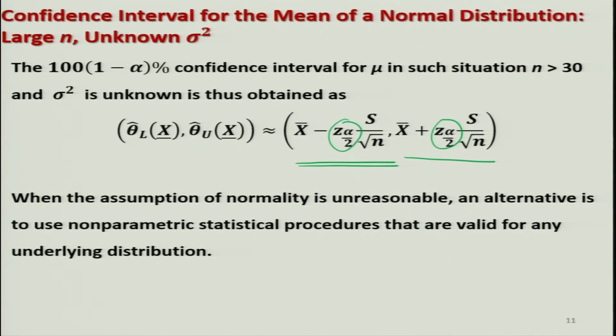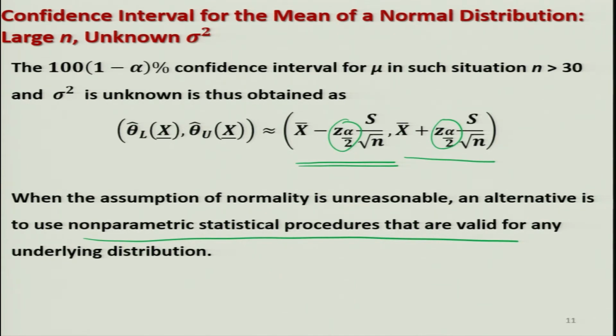And if you think the assumption of normality is not going to be satisfied and the data is not really coming from a normal distribution, or you find it difficult to verify that the data is coming from any given distribution, then my suggestion is that you can use non-parametric statistical procedures, which do not require information on the underlying distribution.